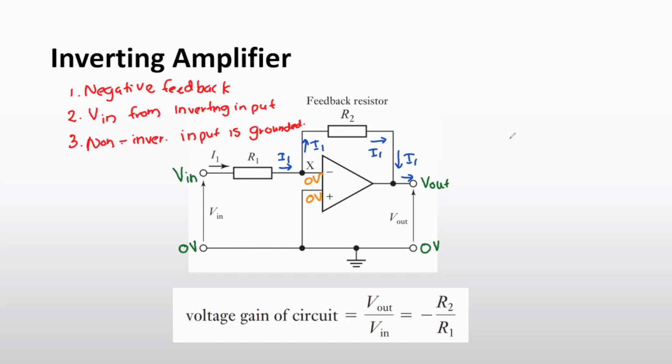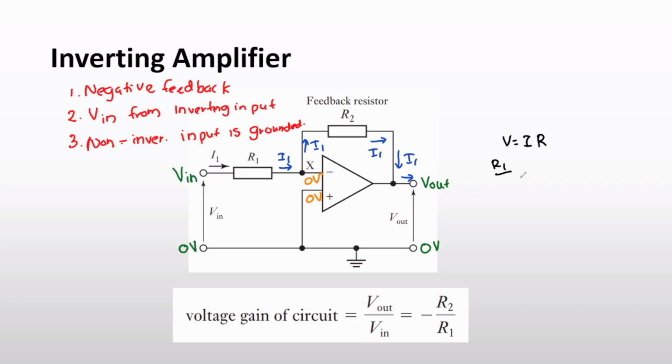So here now we are applying V equals IR to the R1. The current flows from this end to this end of R1, so that means V in is higher than this voltage.